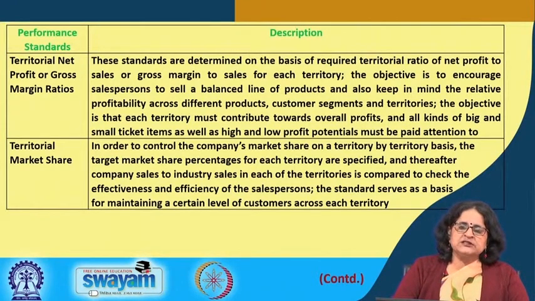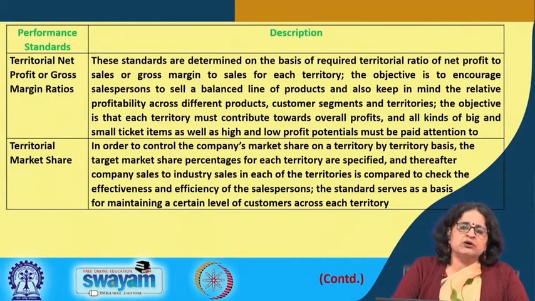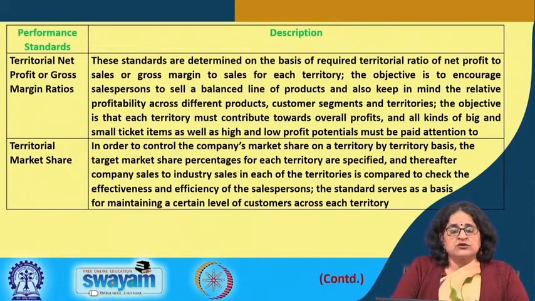Now, often it happens that a small ticket item is easy to sell, and so the salesperson concentrates on the small ticket item. It's also easy to obtain small orders as compared to large orders. So again, the salespersons may concentrate on obtaining small orders, but this is something which the competitor can gain advantage of, whether in big orders, big ticket items, or bigger clients.